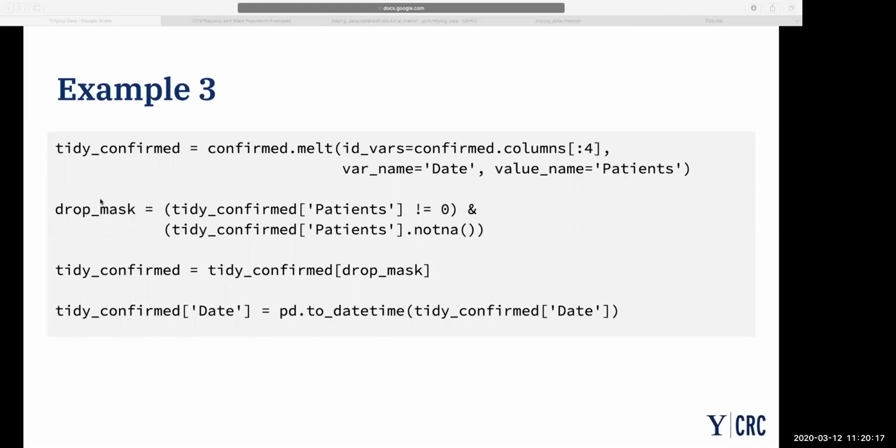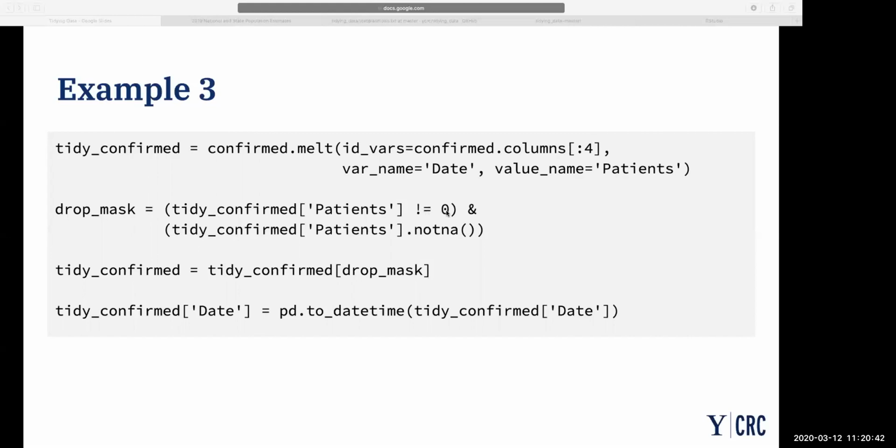And then on this next line, I am developing what pandas calls a mask. When I show you this in Jupyter, this might make a little bit more sense, but what I'm pre-calculating is the places in my new data frame where the column patients is not equal to 0.